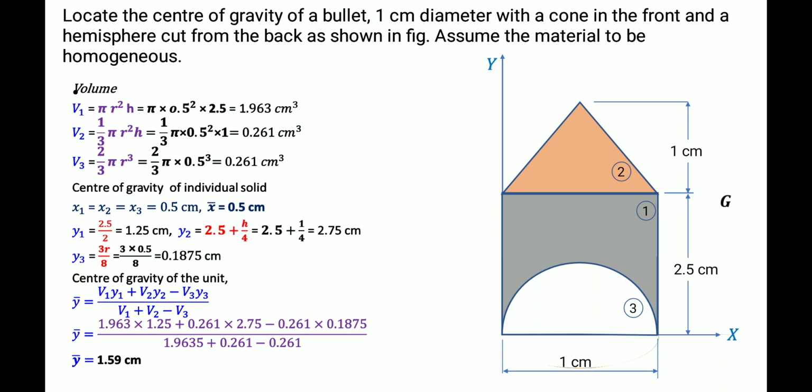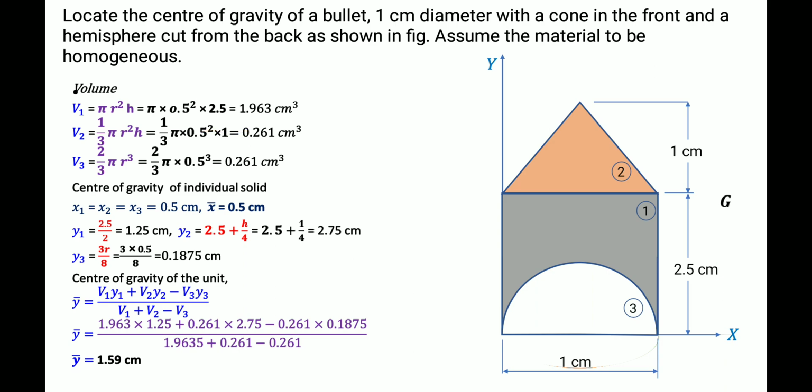So here, let us find the volumes first. The volume of the cylinder, since the first section is a cylinder, is pi r square. We can substitute into the formula. Here the diameter is 1 centimeter, so what is the radius? 1 divided by 2, so 0.5 centimeter, and the height is 2.5 centimeter.